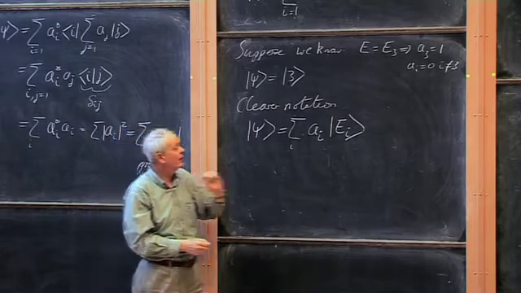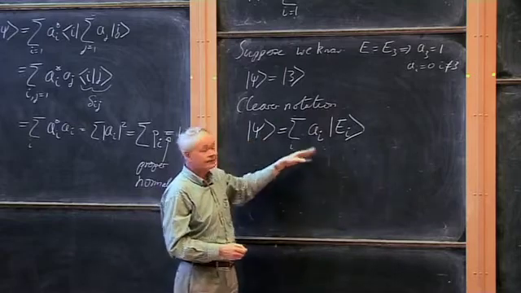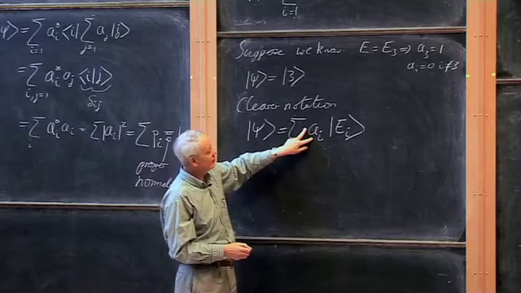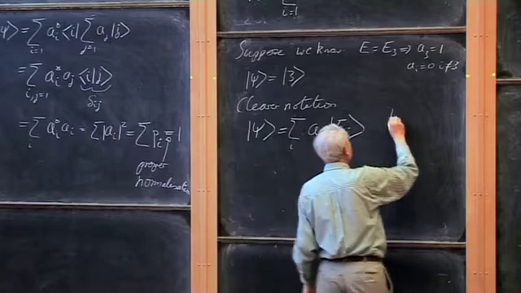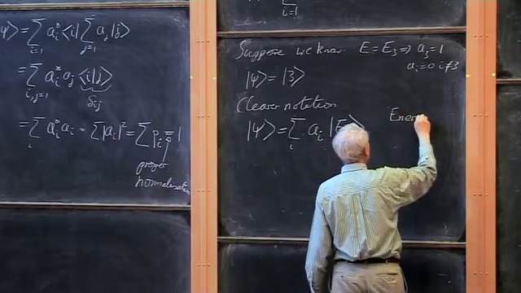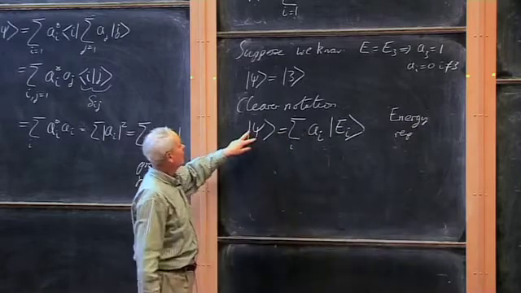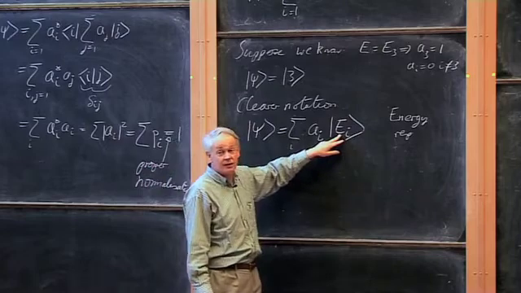So we've discovered the physical meaning of those abstract basis vectors when these are the amplitudes to measure the different energies. And this is called the energy representation, right? This is when we express the state of our system as a linear combination of states of well-defined energy.